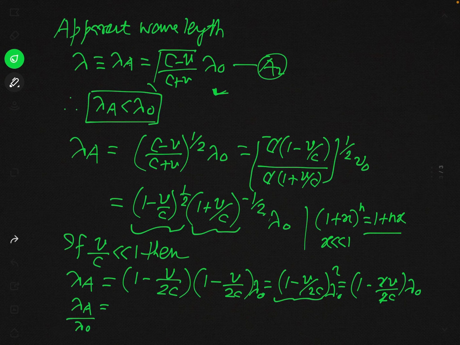Lambda naught. So you can see that this lambda A by lambda naught will be equal to what? This will be 1 minus V over C. Now take this 1 in RHS to LHS, then what will be our result?